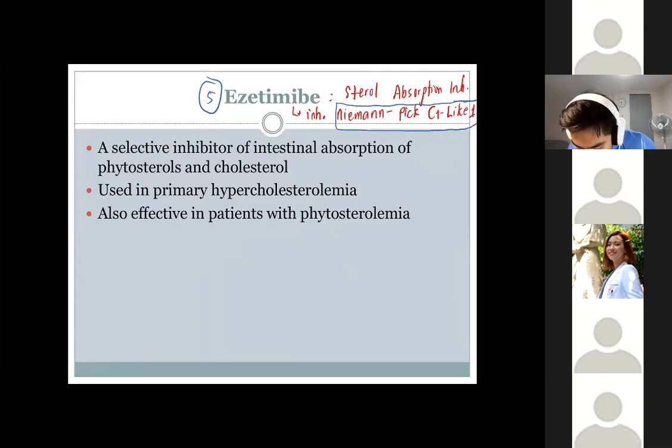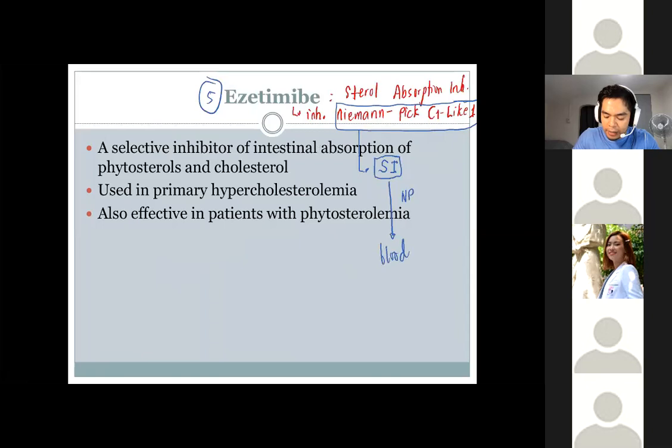Now, ano ba yung Niemann-Pick C1 like 1? Ang Niemann-Pick C1 like 1, this is a transporter responsible for the passage or pagdaan ng fats from the small intestine going to the blood.